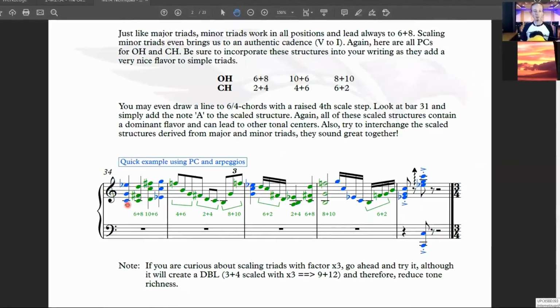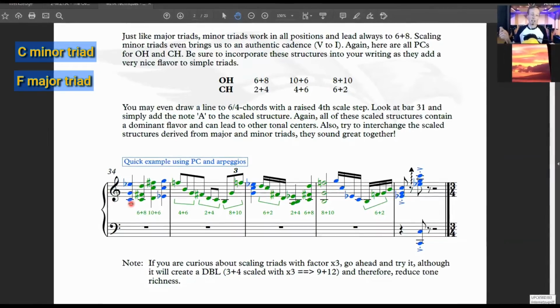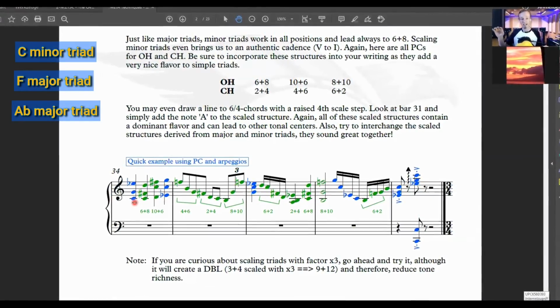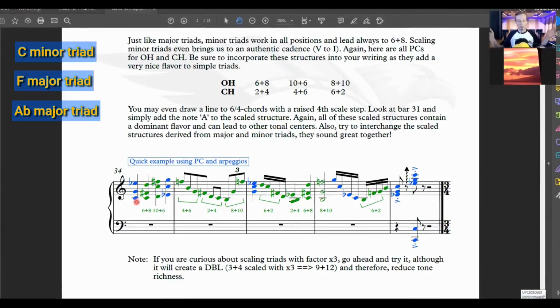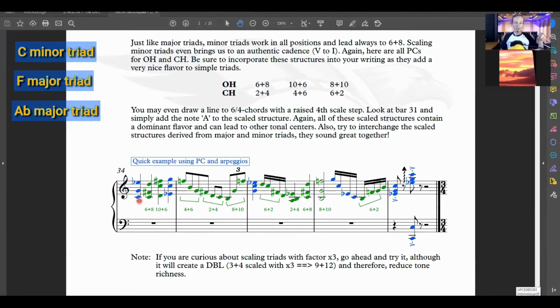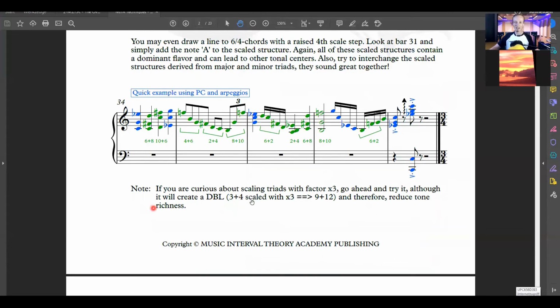Now, just imagine what happened if you had a C minor, F major, maybe an A flat major involved, and all of those structures can be scaled, and all of them bring in their own respective scaled structures that want to create little loops. So now you have different tonal centers that you can organize and let them weave together. Try this at your own pace. Just try it. And I hope that you will be surprised.